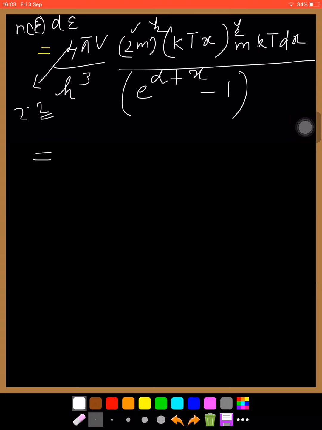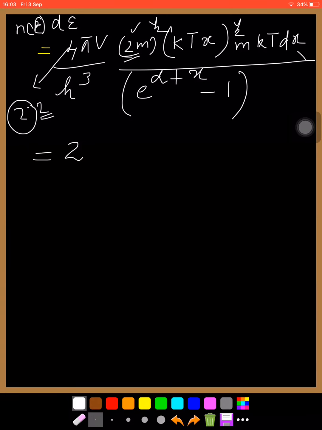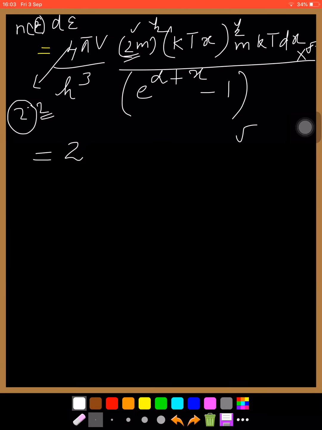Now from here, a 2 and 2 raised to half, both multiplied give 2 raised to 3 by 2, and there is a 2 left. Then multiply by root pi by root pi. Multiplying by root pi by root pi, we get pi raised to 1 by 2 into pi, that is pi raised to 3 by 2.